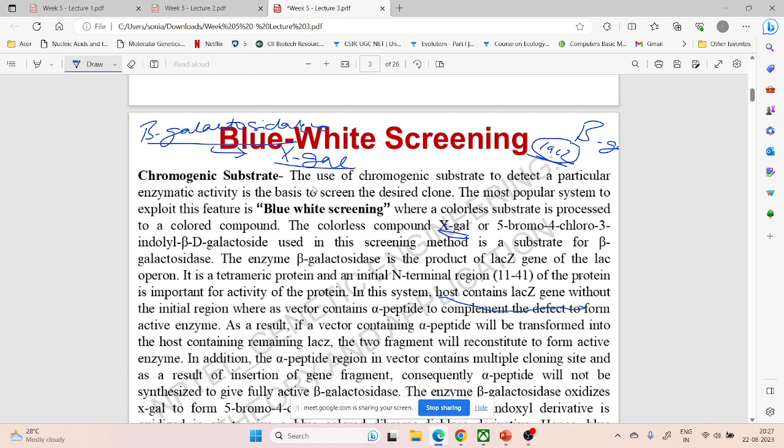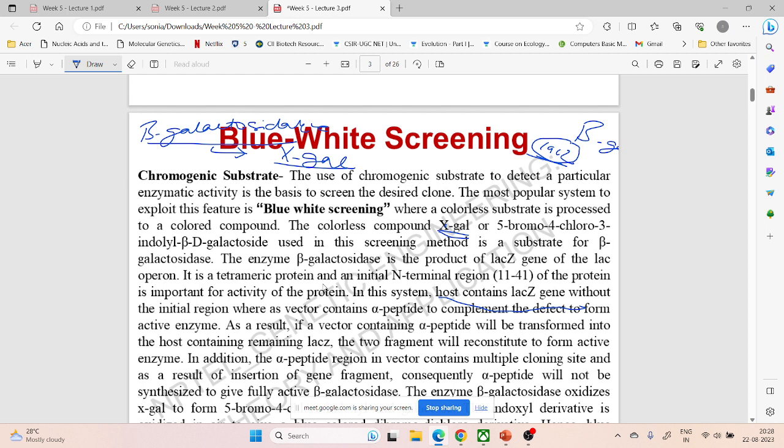So we understood that the lacZ gene will produce beta-galactosidase, which will act on X-gal, and therefore a blue colored product will be produced. Now there is a host strain which does not have a functional lacZ gene. If the host does not have a functional lacZ gene, functional beta-galactosidase will not be produced. That means X-gal will not be utilized, and the blue colored product is not formed.